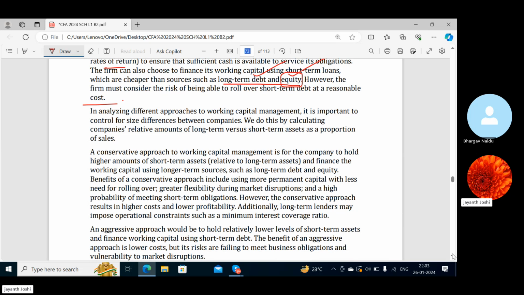So in analyzing different approaches to working capital management, it is important to control for size differences between companies. We do this by calculating companies' relative amounts of long-term versus short-term assets as a proportion of sales.